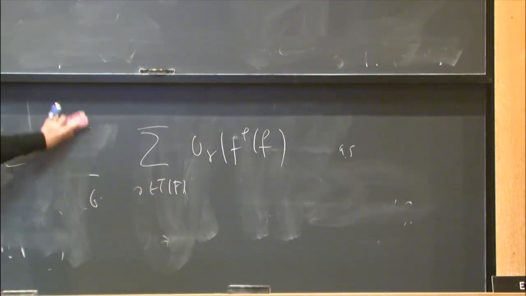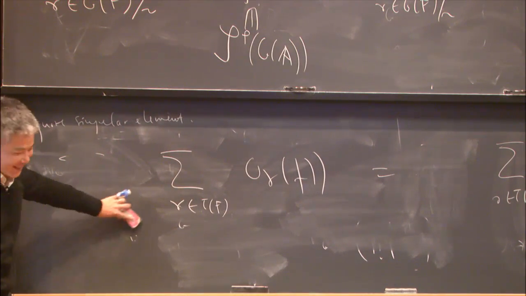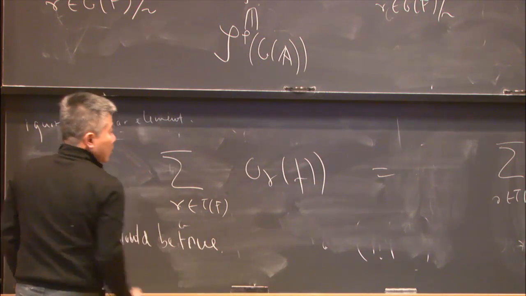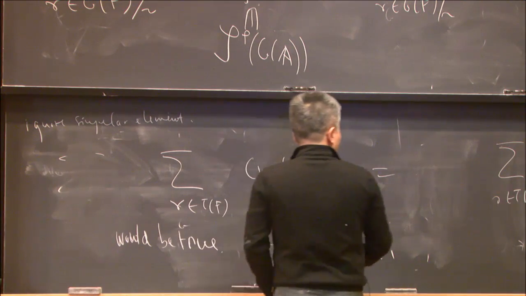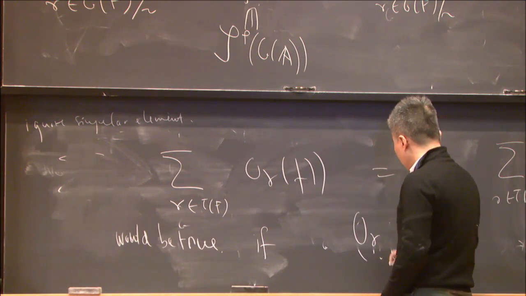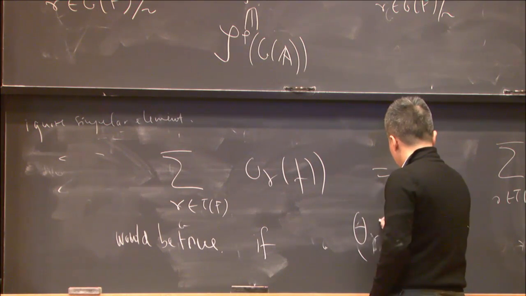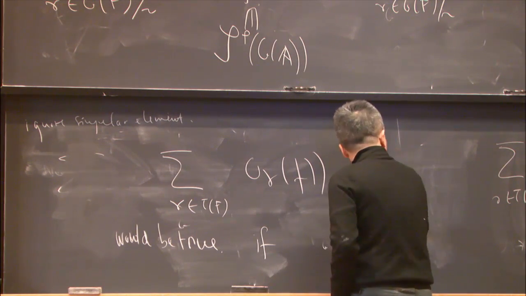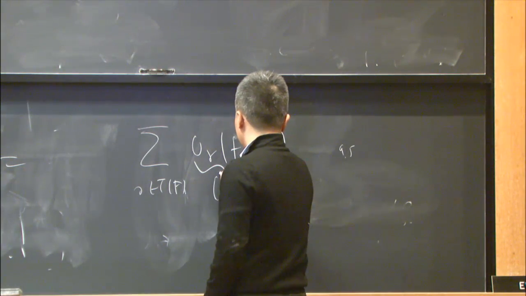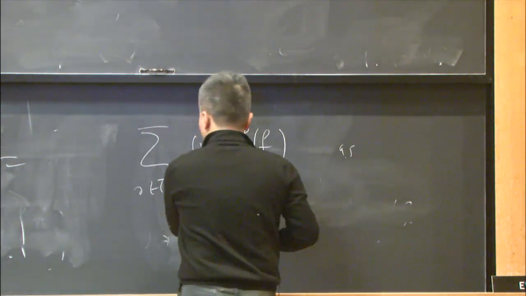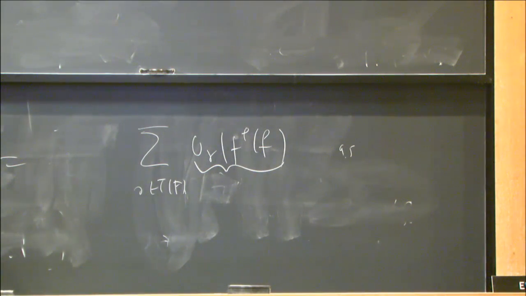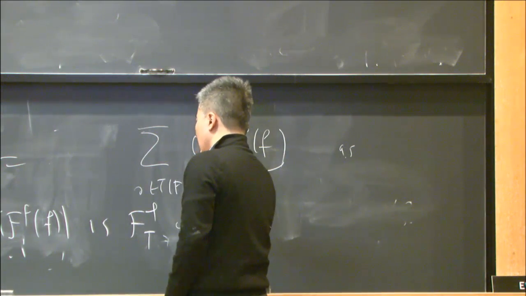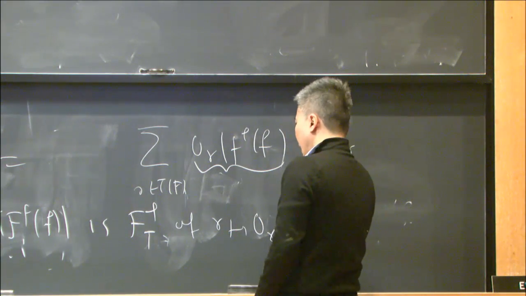So this would be true if this function, the orbital integral as a function of gamma, satisfies the following: the function gamma mapping to the orbital integral of the Fourier transform rho of f is the Fourier transform rho on T of the function gamma mapping to the orbital integral of f.